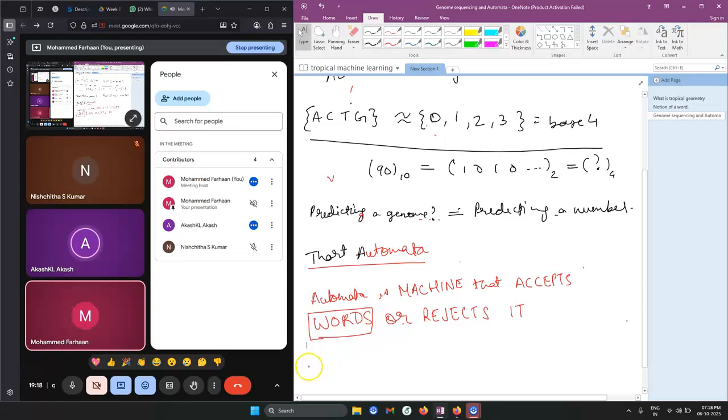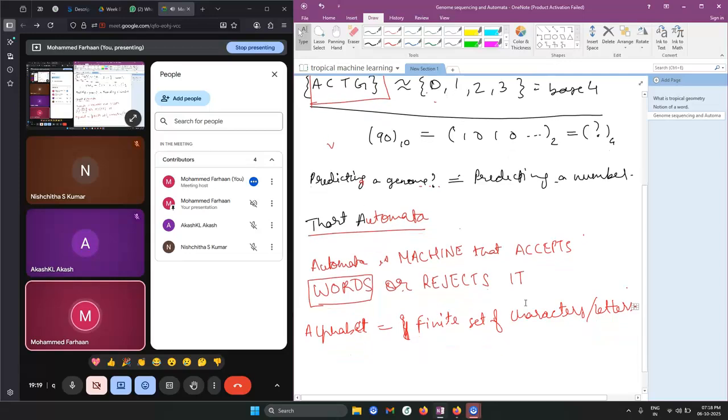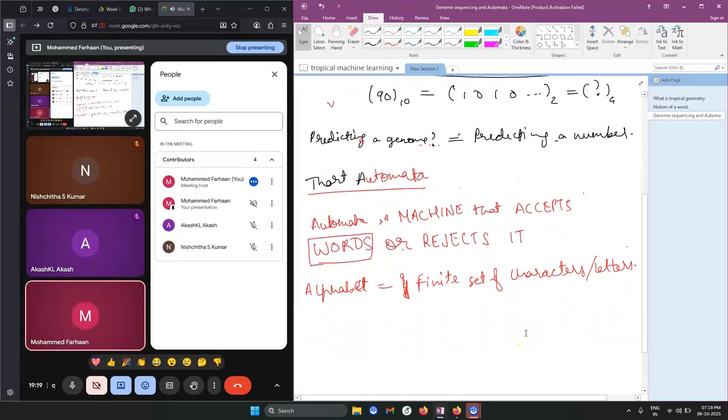So you and me have defined what an alphabet is, right? What is an alphabet? For the example, it is our A, T, C, G. For definition's sake, you can say it is a finite set of characters or letters. All good?